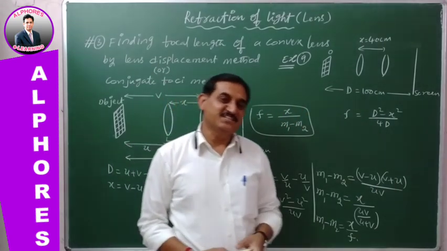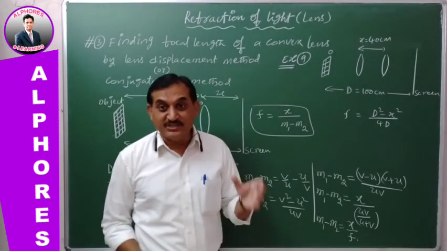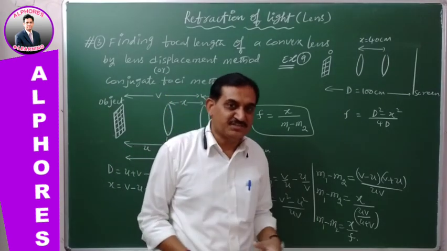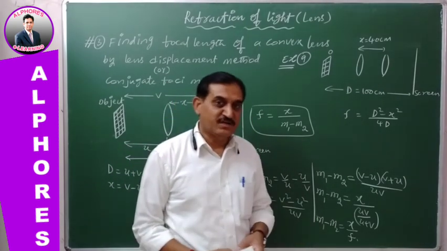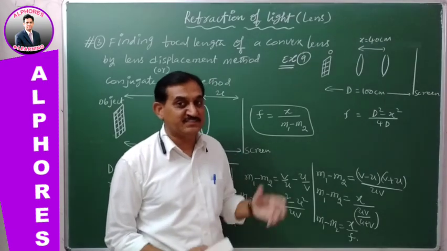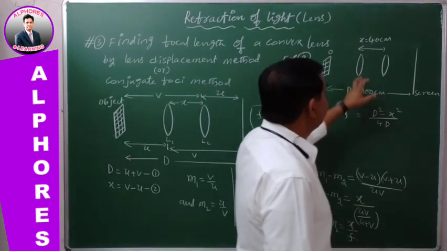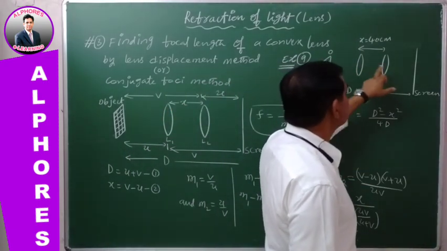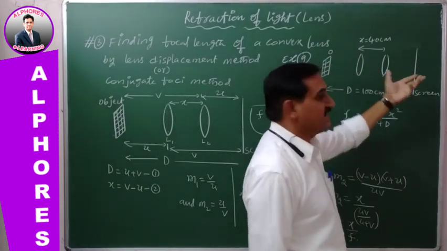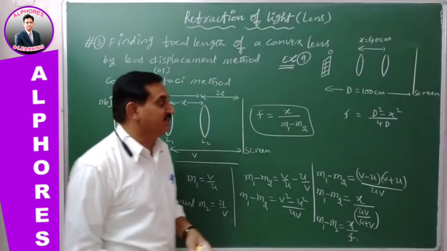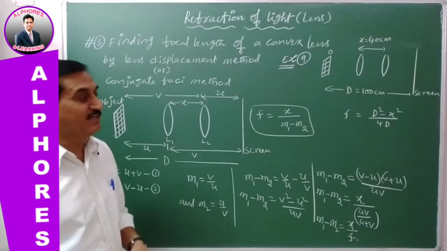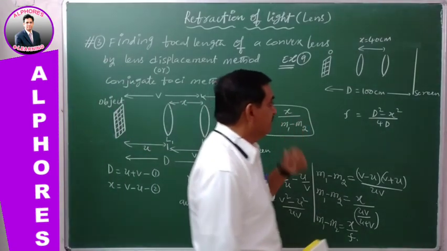A convex lens gives a real, sharp image on the screen at two positions of the lens 40 centimeters apart. Find the focal length of the convex lens.